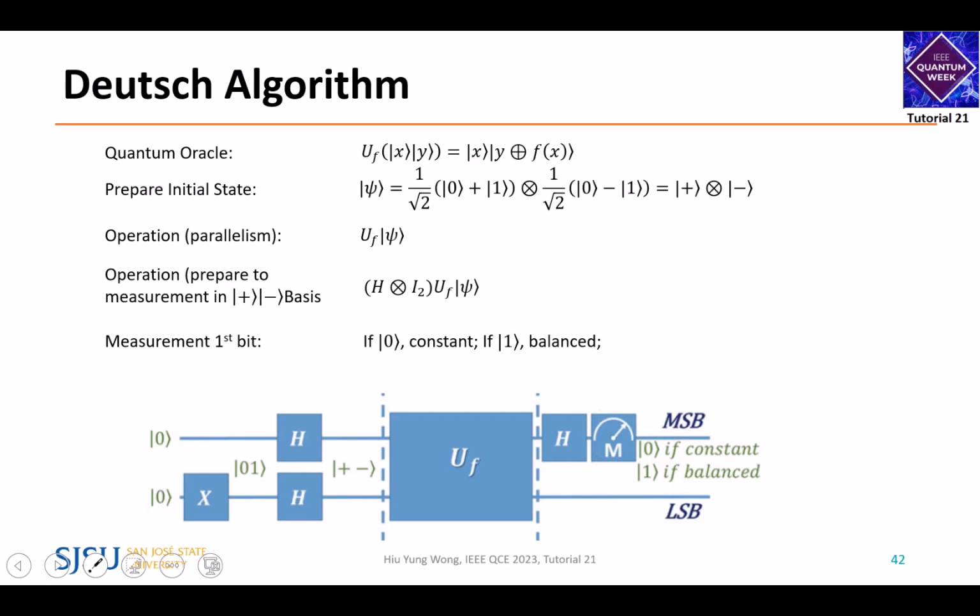Do you see that we are losing some information? We don't know what f is up to this moment. We only know whether it's constant or balanced. So in my opinion, in quantum computing, there's somehow a conservation of energy. You think that you get some information much faster, but quantum computing just lets you go around the route to get a particular piece of information, and you don't know the rest of the other information.